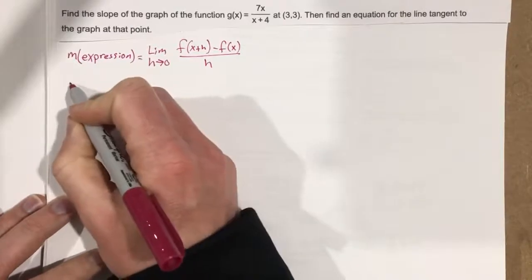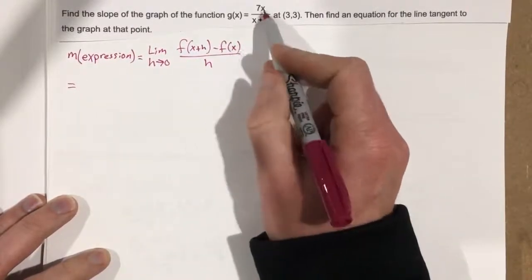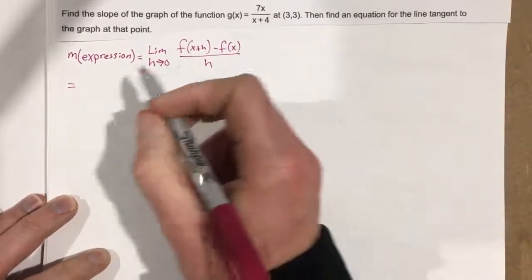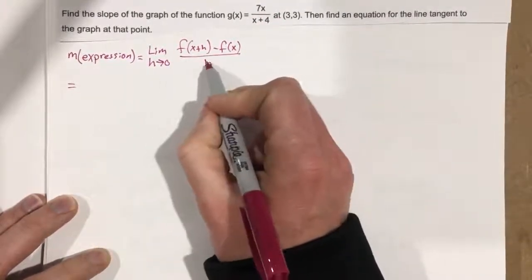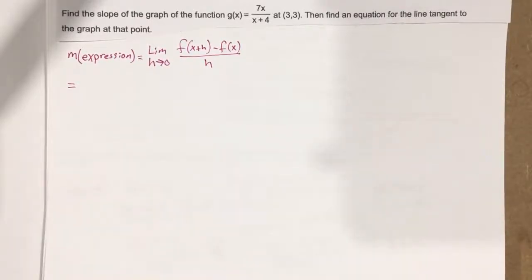So we're going to start by taking x plus h, plugging it into the function, and then plugging x into that function. Our goal is to cancel out this h, because when we take the limit right now, we plug 0 in and we divide by 0, and that's undefined, so we need to cancel that h out.